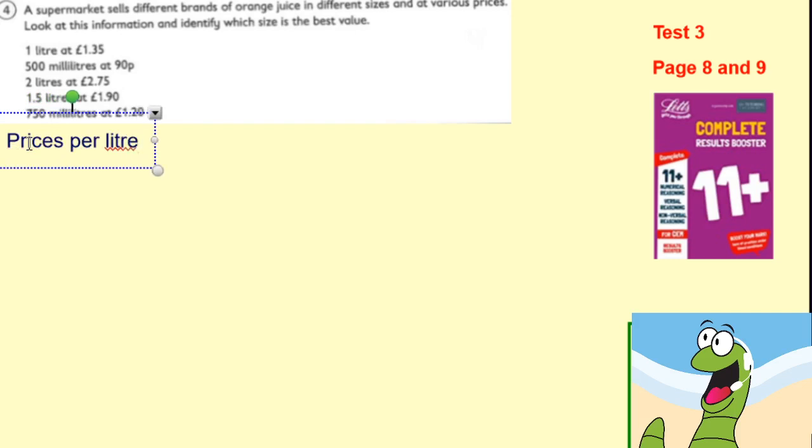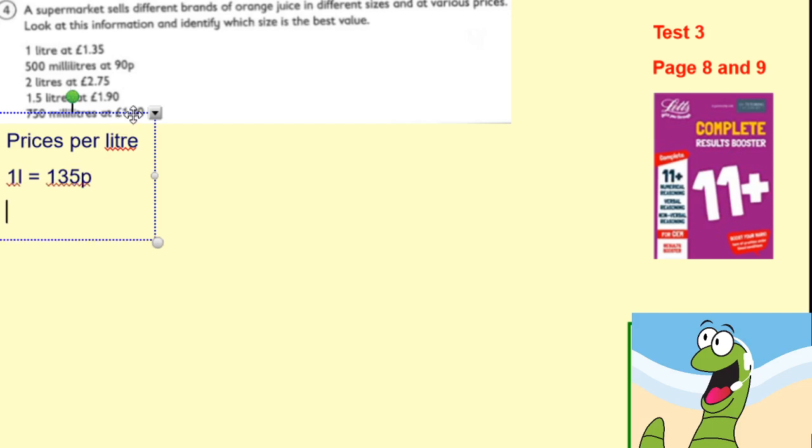Okay, so we're going to work it out as the price per litre. Now it's similar to the one that was earlier on, the last test as well. We can add prices per litre. So 1 litre equals 135 pence. We want to know which is the best value.